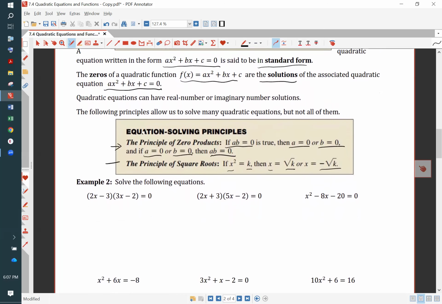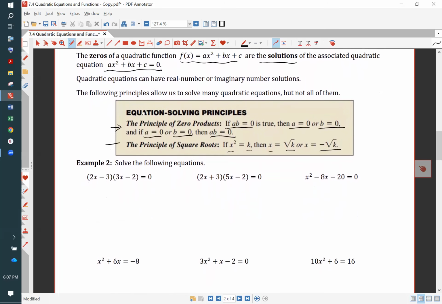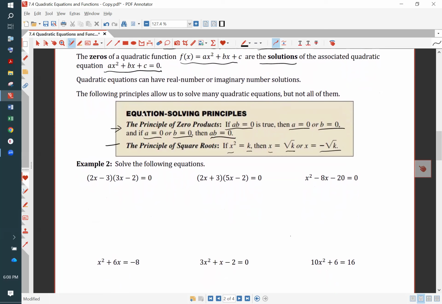And so we have examples to start doing now. In all of these on this page, we'll be using that principle of zero products because here we have two factors multiplied together that equal 0. So we set those factors equal to 0 and solve for x.